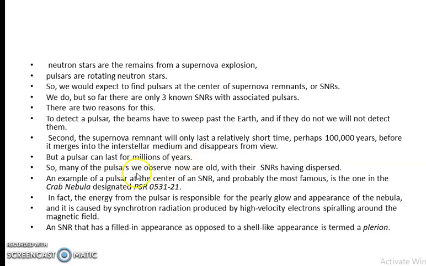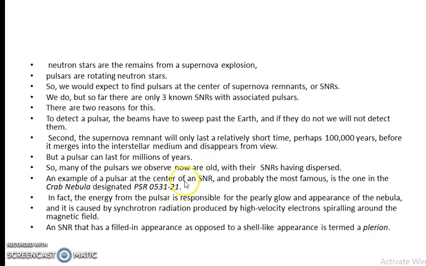So many of the pulsars we observe are old, with the supernova remnants having dispersed. അപ്പൊ അതുകൊണ്ട് തന്നെ സൂപ്പർനോവ റെമനൻസിന്റെ സെന്ററിലായിട്ട് പൾസാറിനെ കാണാൻ പറ്റുന്ന കേസസ് വളരെ കുറവാണ്.